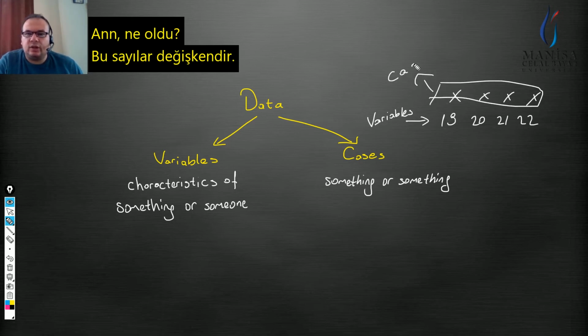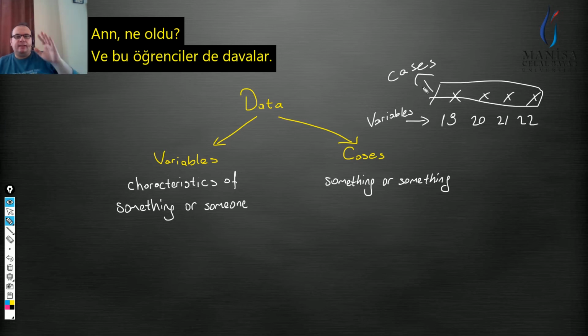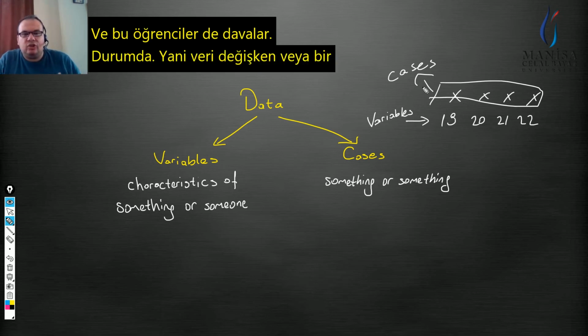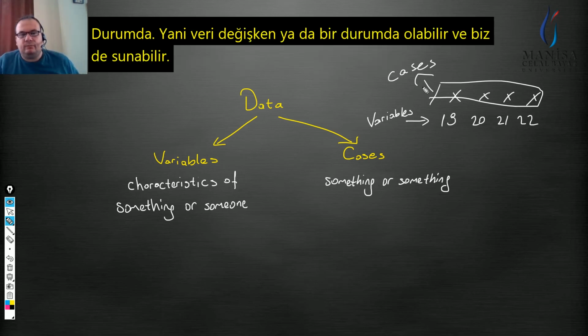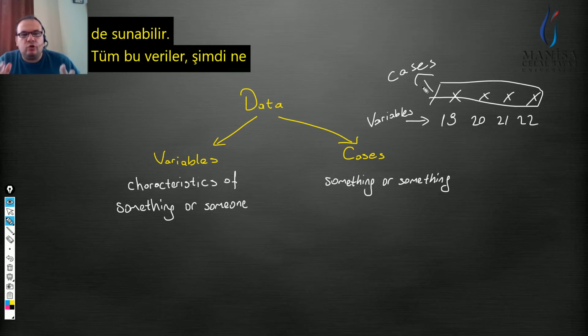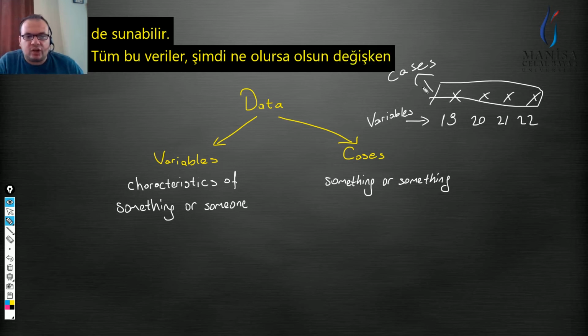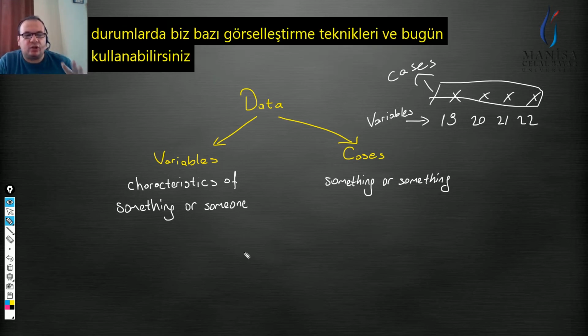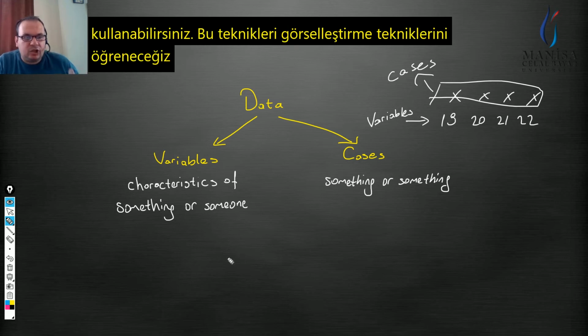Okay, cases. So data can be a variable or a case, and we can present all this data, whatever it is, variables or cases, using some visualization techniques. Today we are going to learn these techniques, and we are going to start with the easiest one.